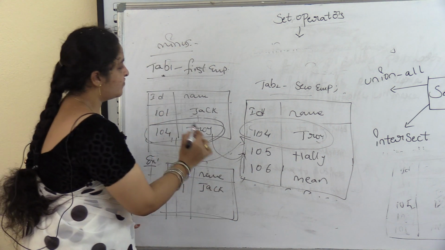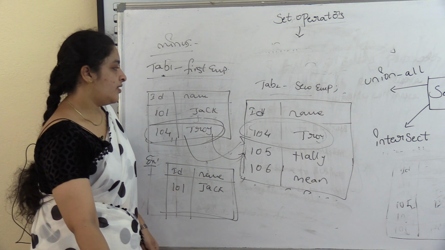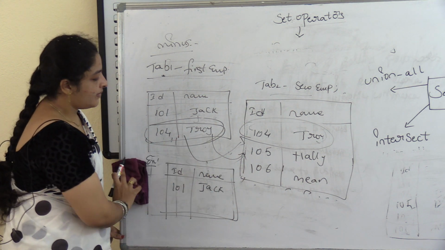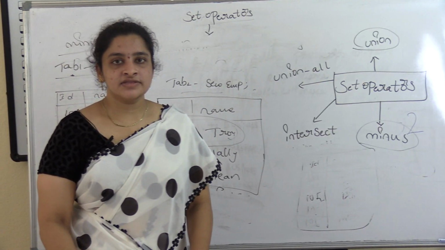Minus means first table minus second table, and it removes the repeated value. This is the set operators. Thank you.